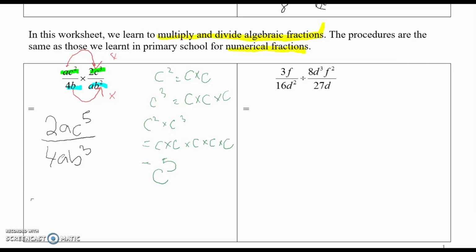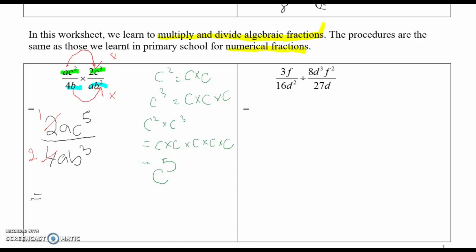Next, we need to take a look if there are any common factors for the numerator and denominator that can be divided. So now, we compare the numbers 2 and 4. We notice that there is a common factor of 2. So therefore, 2 divided by 2 gives you 1. 4 divided by 2 gives you 2.